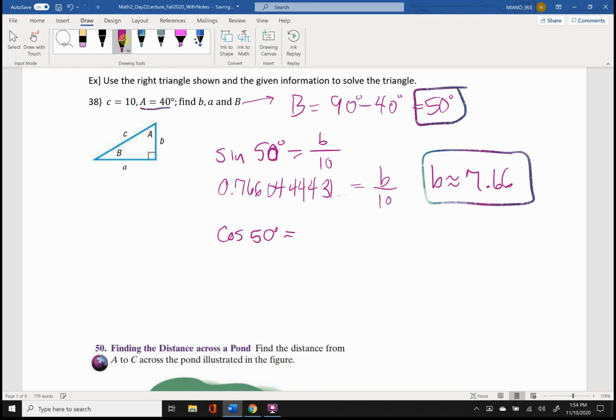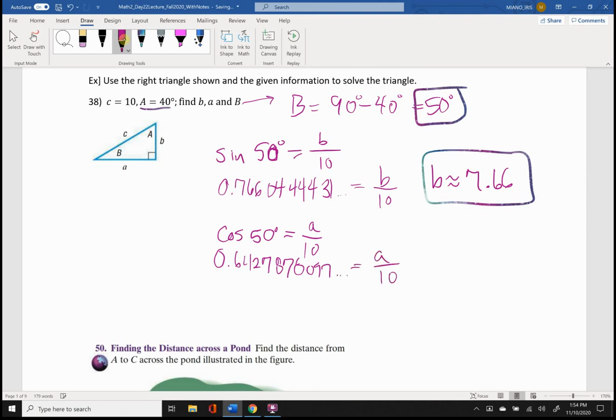Because then the 50-degree angle is at b, right? And the adjacent side is that a, because it's adjacent over hypotenuse, right? Which is 10. So the cosine of 50 degrees is 0.6427, I know, super boring, 6097, and that's equal to a over 10.